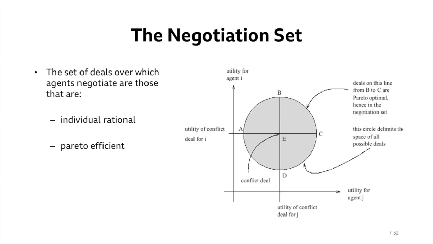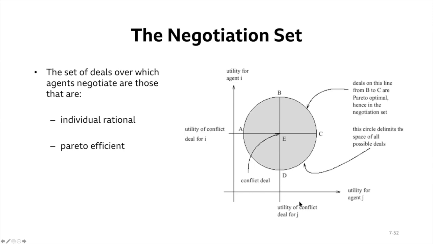Why? Because if they weren't individual rational, they would never be accepted by the other robot. They would just revert to their conflict deal. And B, Pareto efficient. Why Pareto efficient? Because if they weren't Pareto efficient, then we're wasting utility. And we can illustrate this graphically.